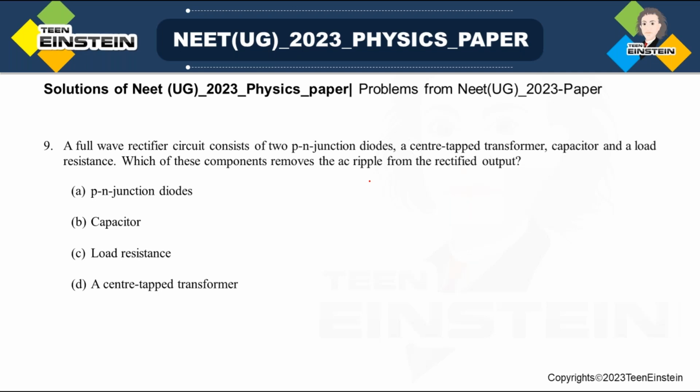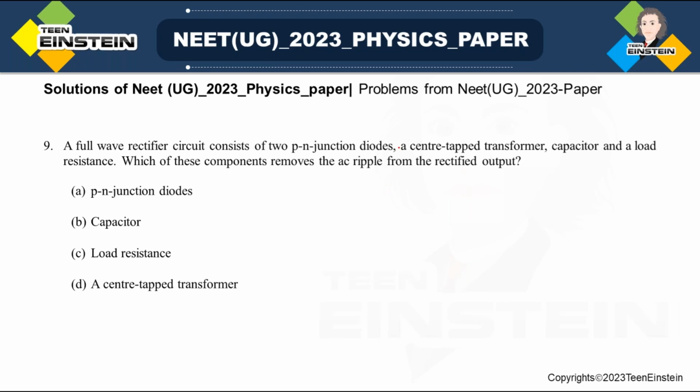Do you remember that? The circuit diagram is very simple. See, I'm sorry, in the full wave rectifier there are actually two diodes. A full wave rectifier consists of two diodes.